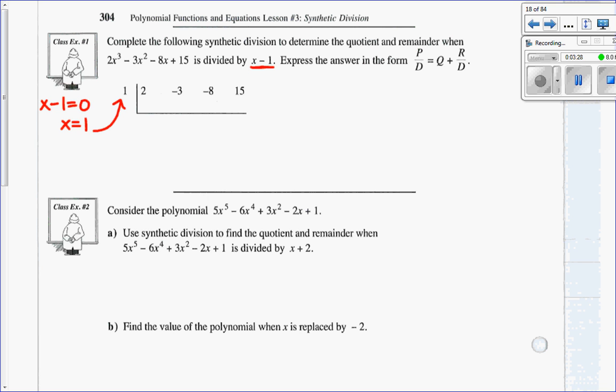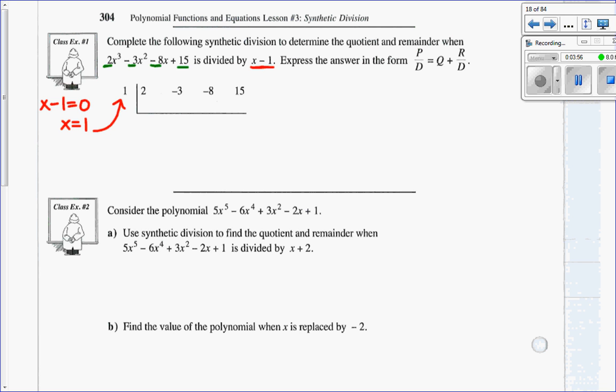Then you take your polynomial and you look at just the coefficients of each term, and you have to, first of all, make sure that it is in descending order by power. And if there is a power missing, for instance, this one there isn't because you have x cubed, x squared, x, and then x to the 0, which is 1.